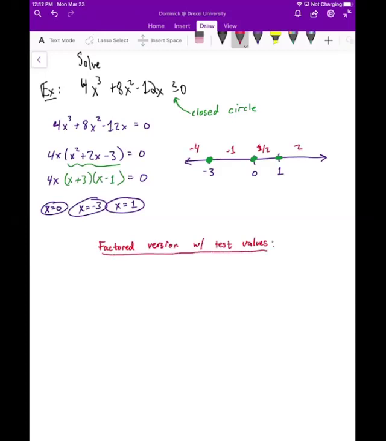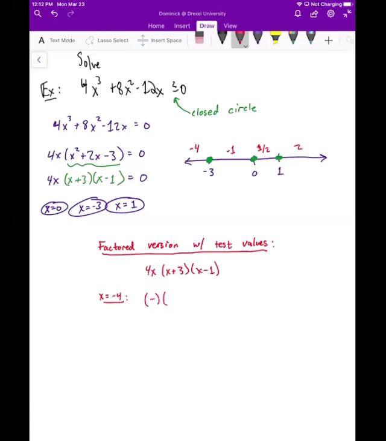Okay, so we want to look at 4x times x plus 3 times x minus 1, and we want to do that, for example, for x equal -4 first. Now, if we plug in -4, I'm just going to write whether it's positive or negative, since that's really all we care about. So the 4x will be negative.